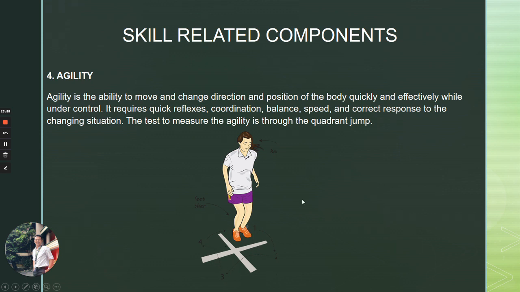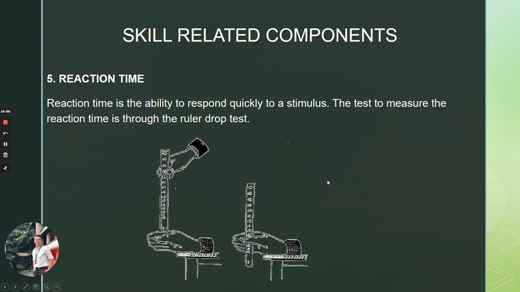And the next one is the reaction time. So, for the reaction time, it is the ability to respond quickly to a stimulus. The test to measure the reaction time is through the ruler drop test. So, how will we do the ruler drop test? Kailangan natin ng ruler. Mabigat masyado kapag meter stick, kung pwede yung ruler lang talaga.